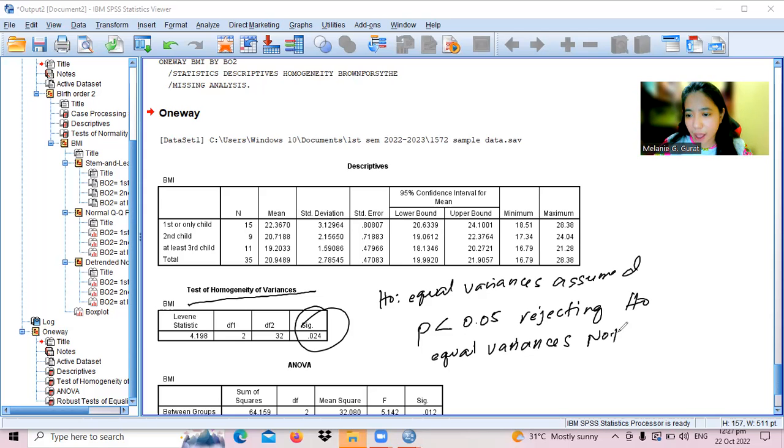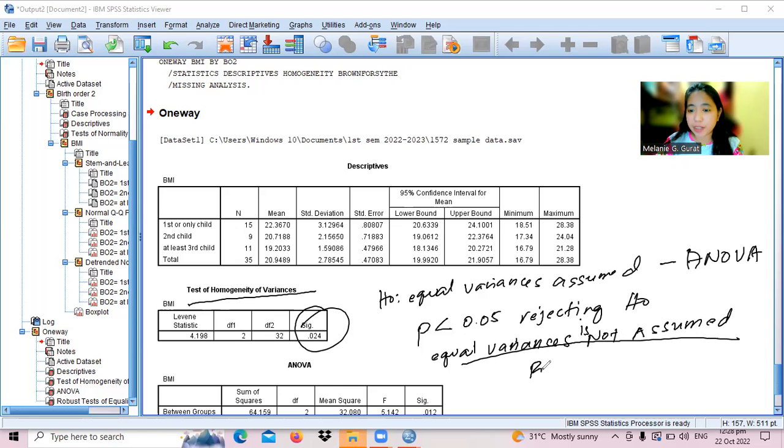And this means that we are telling that equal variances are not assumed. In using one-way ANOVA, if equal variances are assumed, we will be reporting the result of ANOVA. In case that equal variances is not assumed, we will be reporting the result of the Brown-Forsythe test.